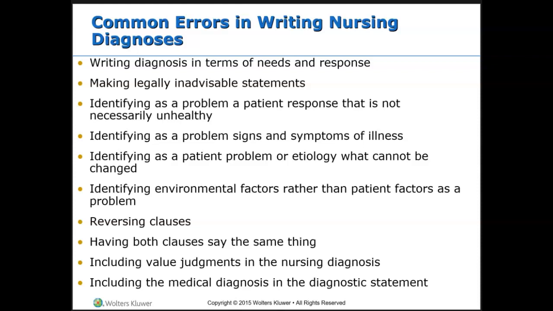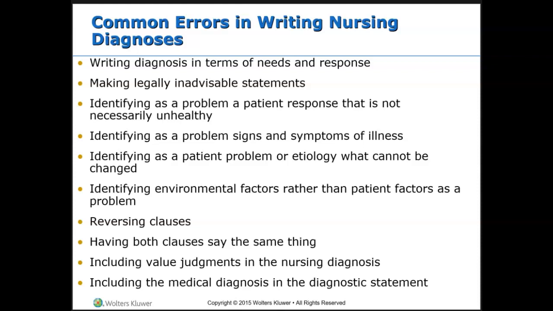Please pause the video and go into your textbook, which also goes thoroughly into examples and how to carefully avoid these. Most of the time, starting out, you forget to customize the label, or you don't customize the etiology and leave it too vague, or you're mixing up, this is a big one, defining characteristics with etiology, or you're using a medical diagnosis, that's another big one, instead of a nursing diagnosis for the label or problem or etiology.